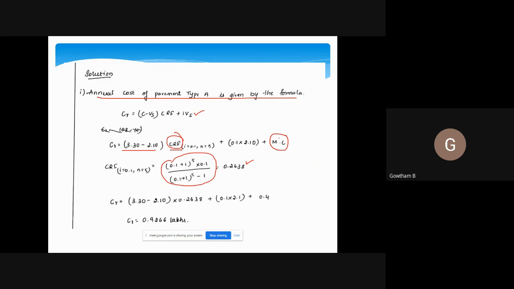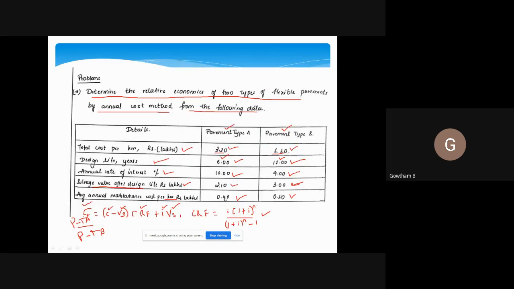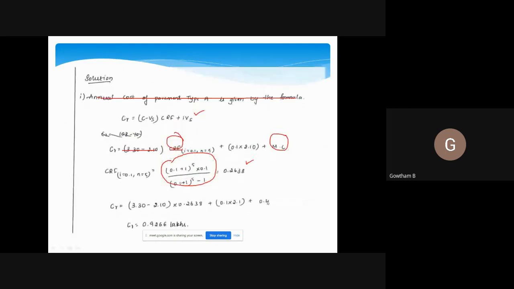In the problem they had given the maintenance cost for both the payments, correct? You can see it in the last row. After doing all the calculation, you have to add the maintenance cost for both payments. You need to add that.